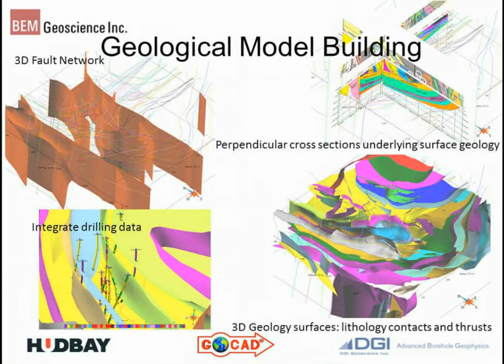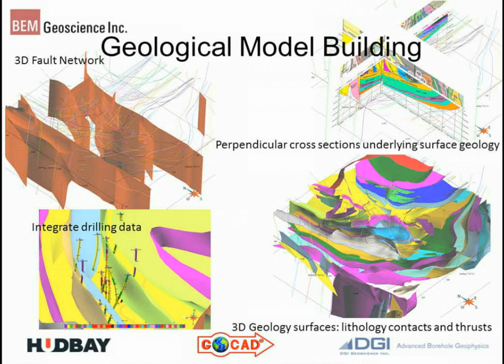So to get on to the meat of the 3D geologic modeling process and data integration process, this is just some snapshots showing how the 3D geological model came together. This was a big effort involving Hudbay, and Alan Bales came in and created additional cross sections that were needed to really flesh out the 3D geological model.